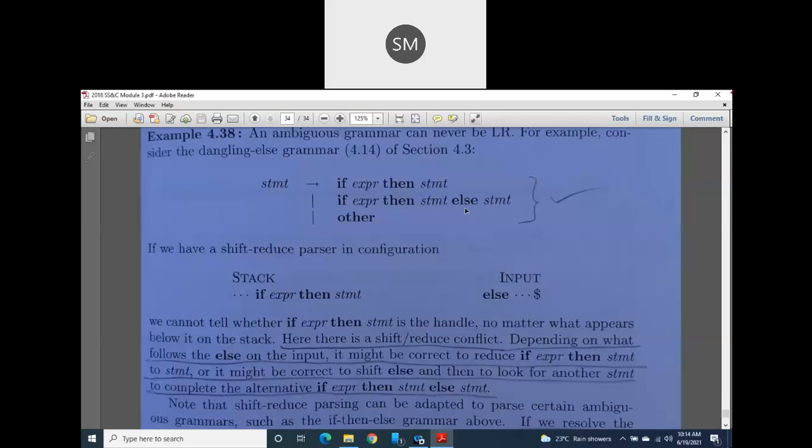And for the safer side, you are not only looking at else, which is only one character ahead. You will look two characters ahead. It means you will look at statement also.